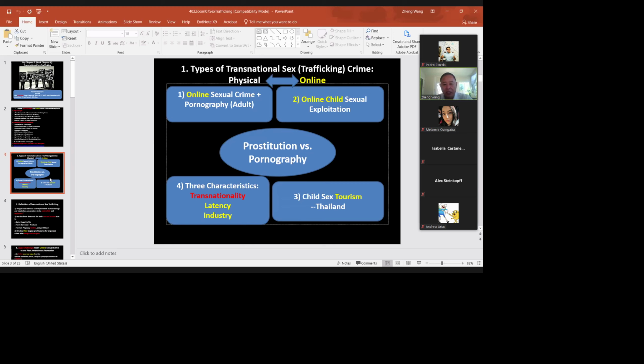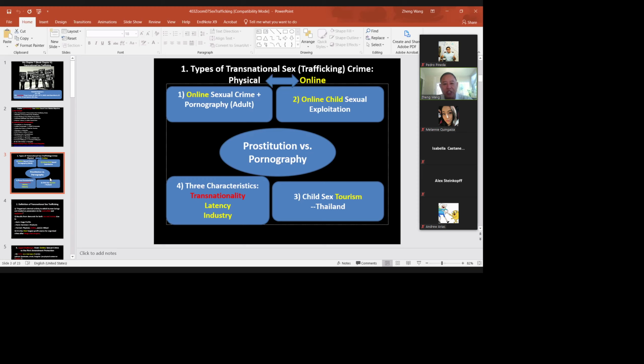And the industry means it's a business. It's making huge money, by videos, by pictures. That's why the transnational organized crime groups are interested, because there's money there. No money, they are not interested. If it's political, they don't care. It's only a money-producing business, with a very small investment.